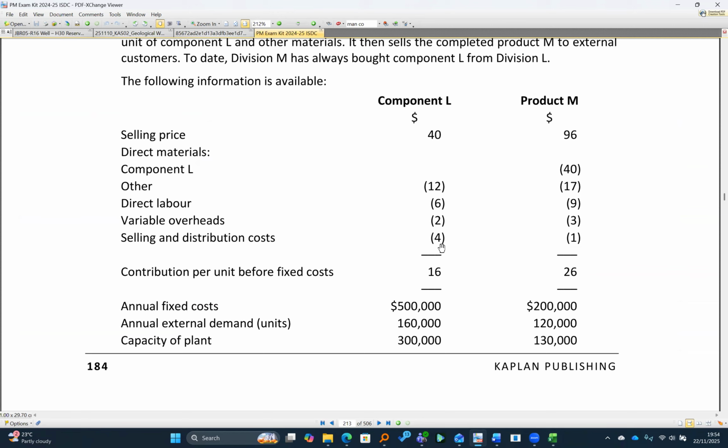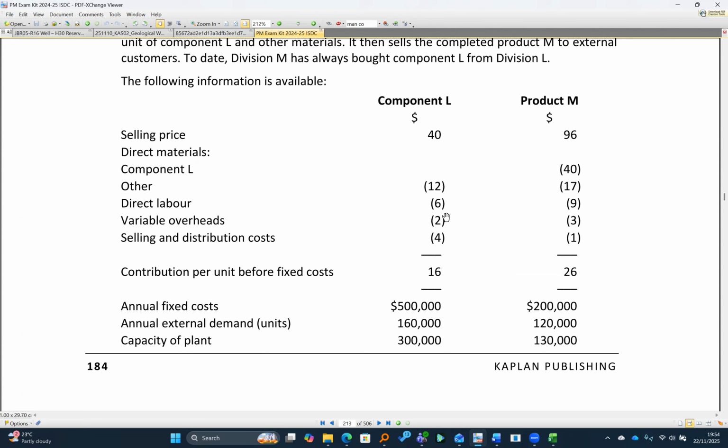But the idea is, it would make sense if they at least charge, because if you get this 20 plus 4, that's 24. Ideally, if component L were to go to product M at 24, that would be a good price.